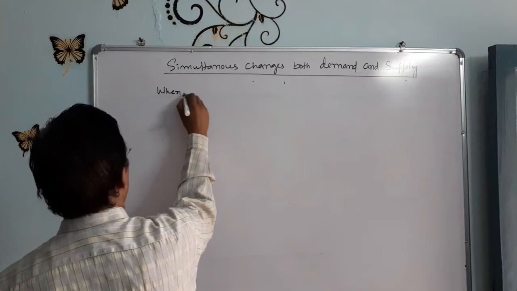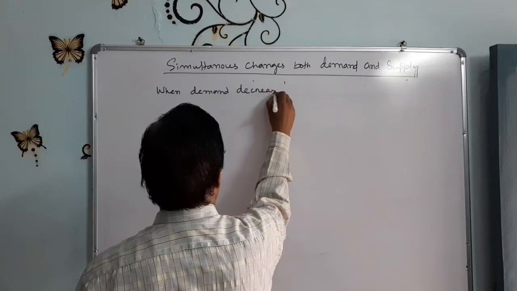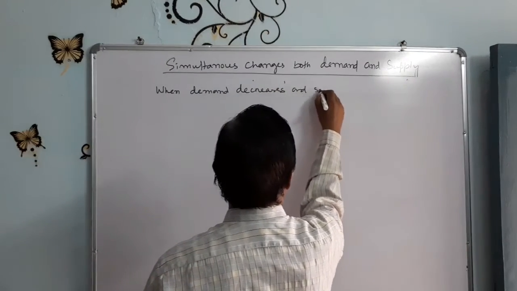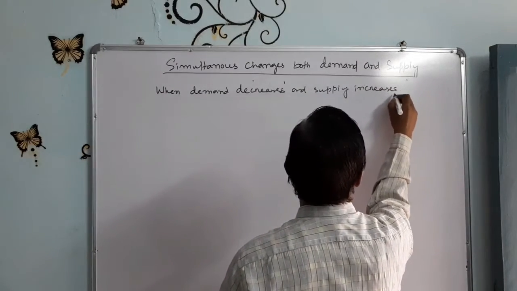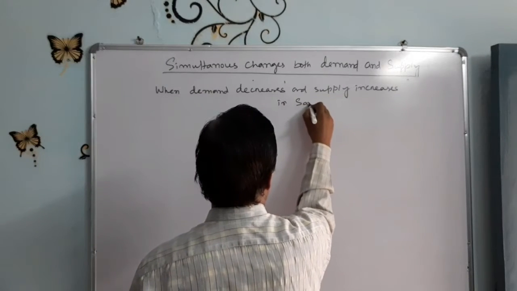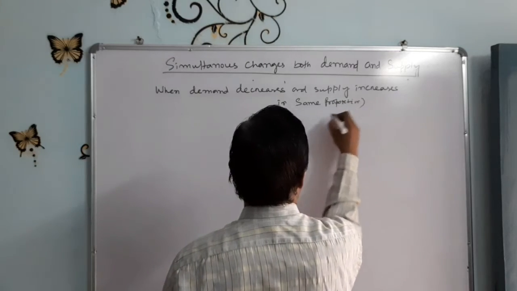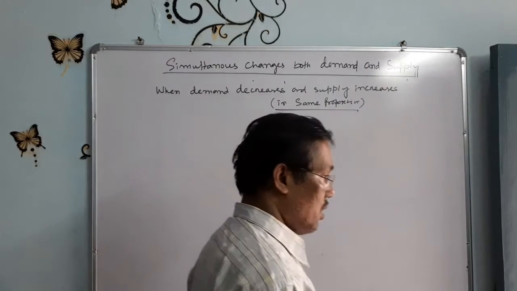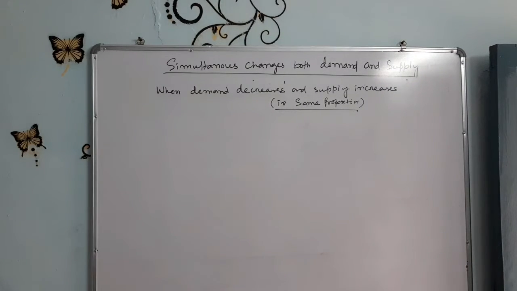When demand decreases and supply increases in the same proportions. In the same proportion, keep in mind. How much percentage demand changes, that much percentage supply also changes. How much percentage demand decreases, that much percentage supply also increases. What will the effect? Think about it.